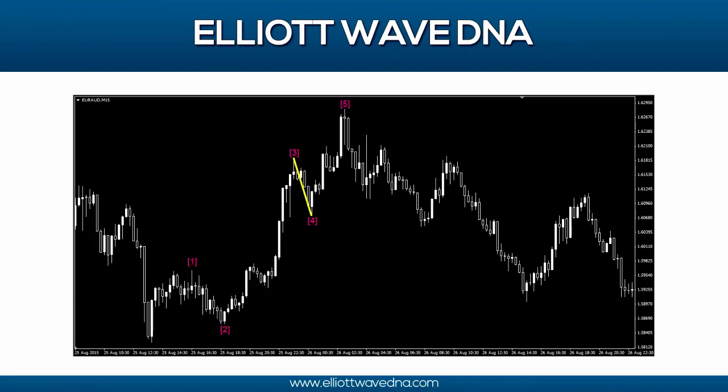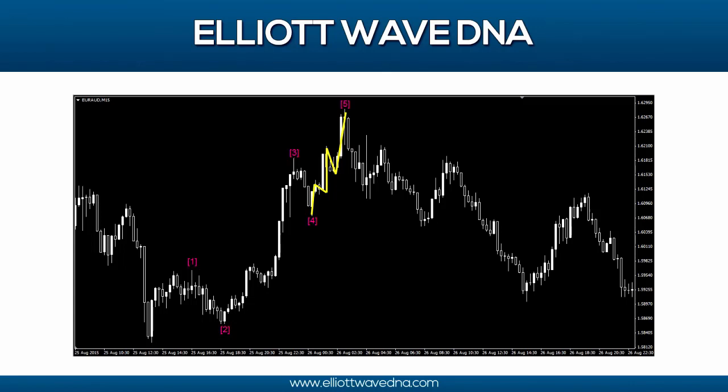We have the push lower in wave 4 that respected all the rules, but more about that in a second. So let's move to wave 5. Inside wave 5, we have a 5-wave move, and with that, we can call the 5-wave move complete for now. But we need to do one more thing.